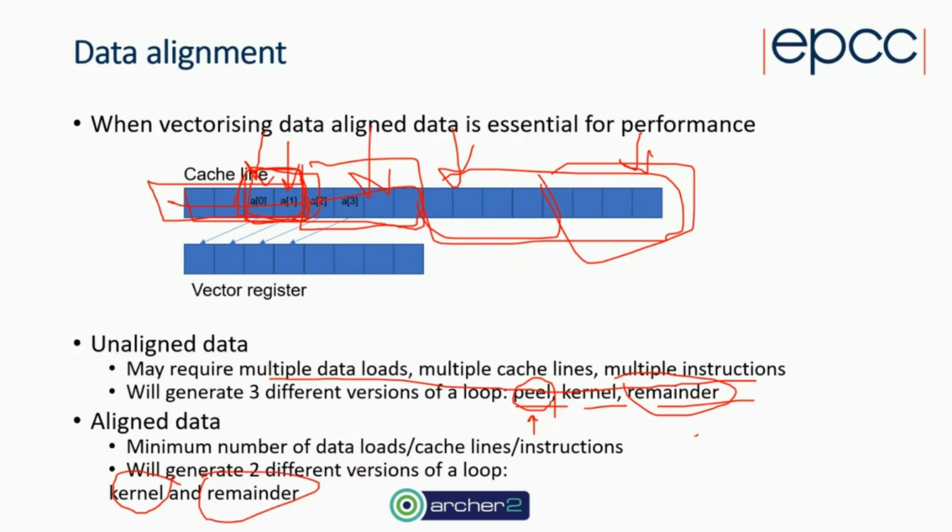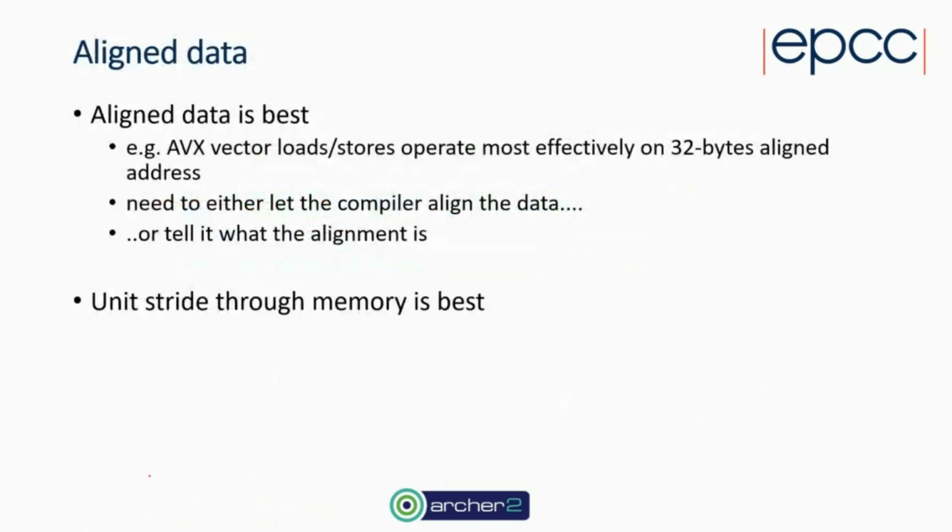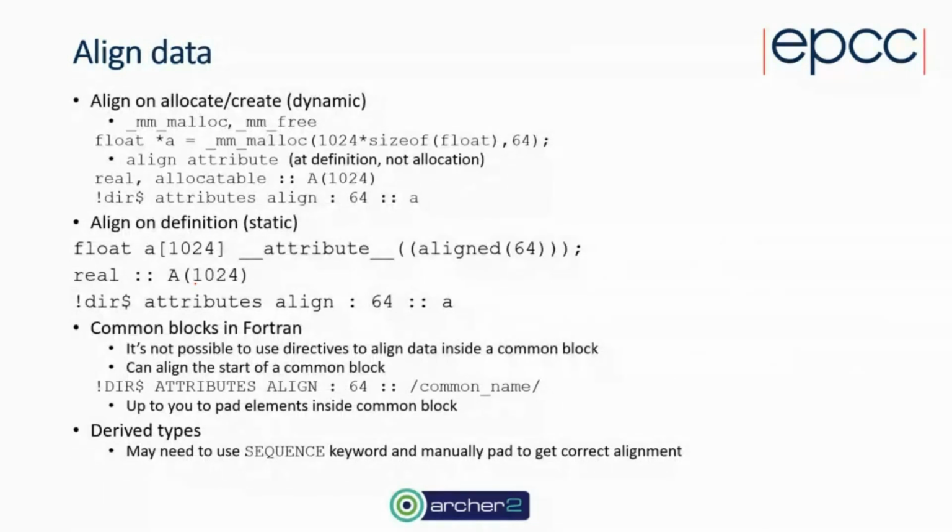So it just creates 2 different versions of your loop. And if your array size exactly divides by the number of vector elements you're using, then this remainder loop won't even be executed, and it'll just be the kernel loop that gets executed. So aligned data is best, and that gives us the best performance on the system.